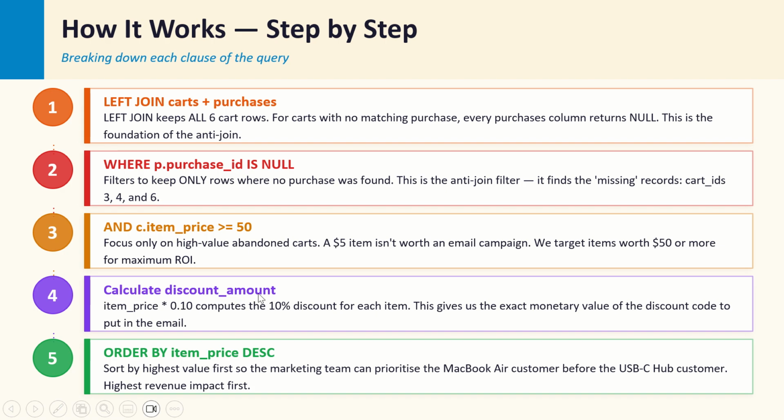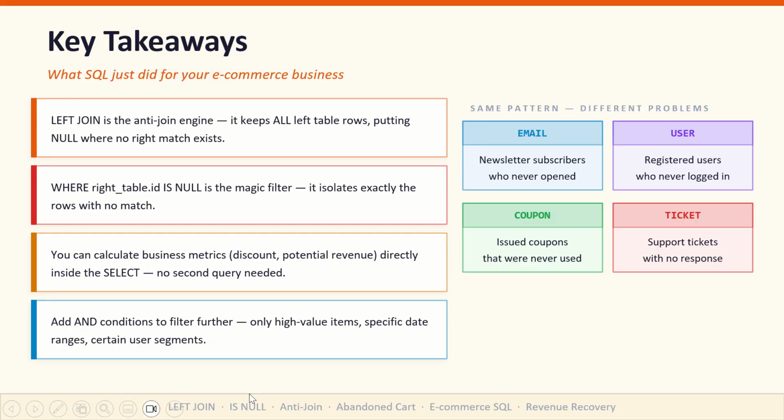Then we calculate the discount amount, and order by item price DESC, because we want to sort the highest value first, so the marketing team can prioritize the items accordingly, because highest revenue impact comes first. So these are some key takeaways from this presentation for this example: left join is the anti-join engine.